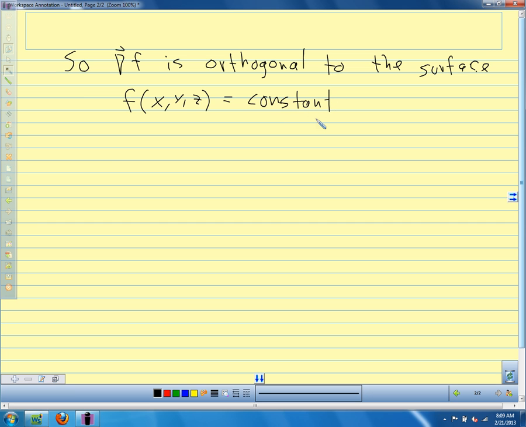So at any point on the surface given by f of x, y, z equals a constant, our gradient vector is going to be orthogonal to that surface for any point on the surface.